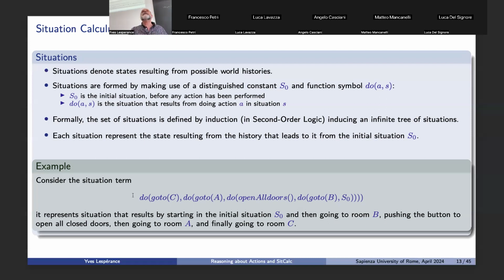What's the problem with this? The problem is the door. The door between A and C is closed initially, so unless I open all the doors, it's still going to be closed. After doing go to A, I'm back in room A, but I cannot go to room C because the door is still closed.